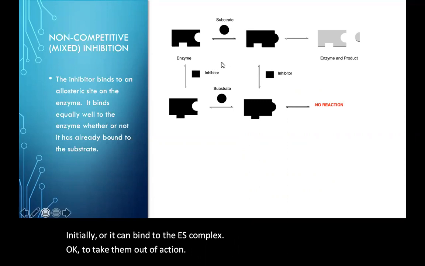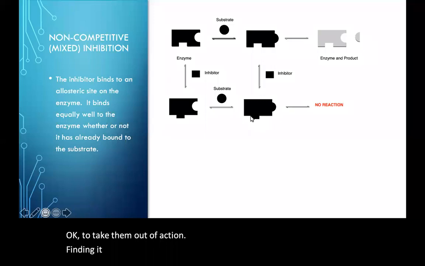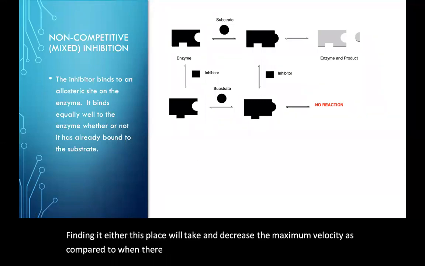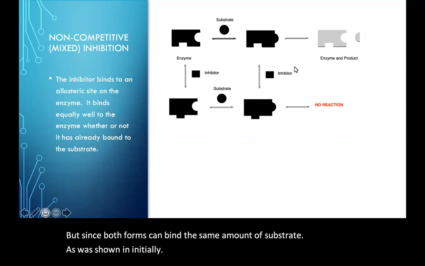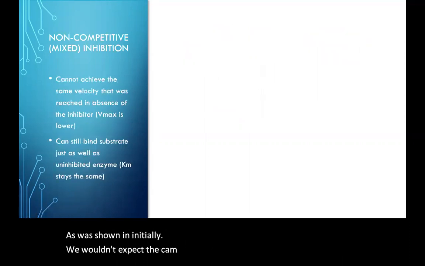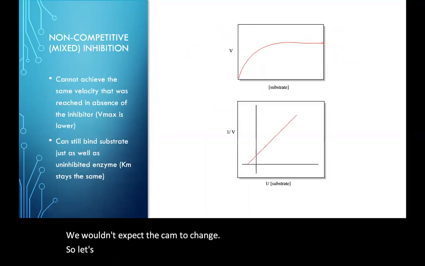Again, binding at either of these places will decrease the maximal velocity as compared to when there is no inhibitor present. But since both forms can bind the same amount of substrate, we wouldn't expect the Km to change. So let's look at these two plots.